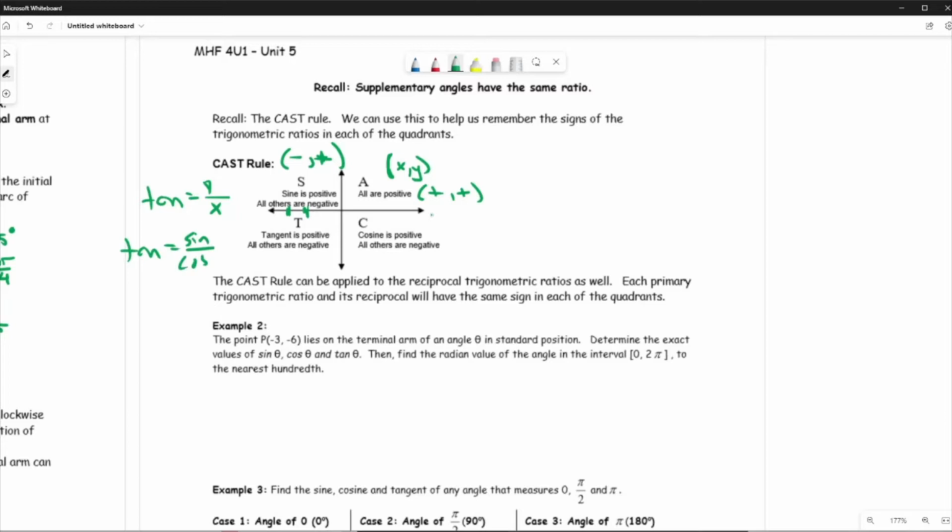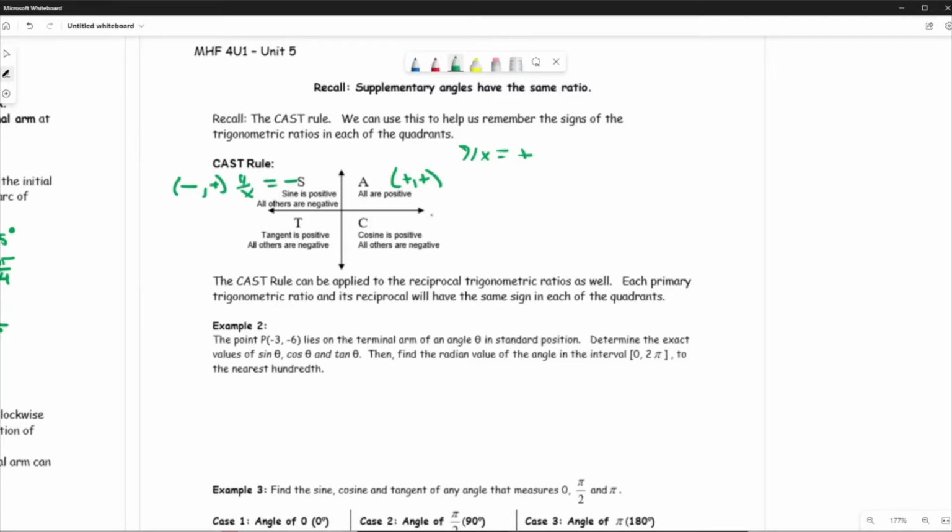So let's just quickly do a sine, cos, and tan in each one of these quadrants. Once again, imagine we have an x and a y. In the first one, we have positive, positive, and our tan is going to be positive because it's y over x equals positive. Second quadrant: cos is negative, sine is positive, y over x is negative, clearly, right?